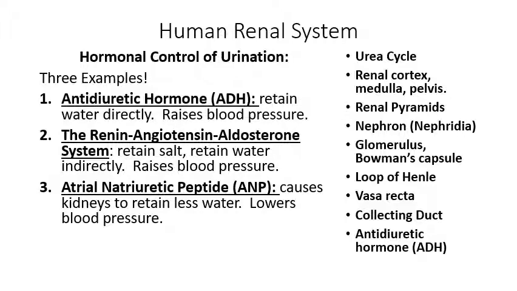Okay, so we have three examples of hormonal control of the kidneys. Antidiuretic hormone cues on salt. It uses the saltiness of the blood to cause the collecting duct to retain more water. The renin-angiotensin-aldosterone system actually measures the blood pressure at the level of the kidney.